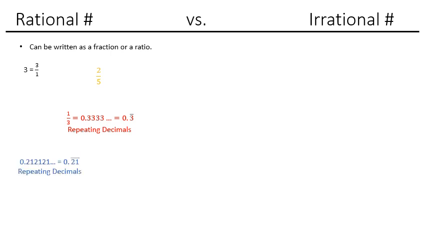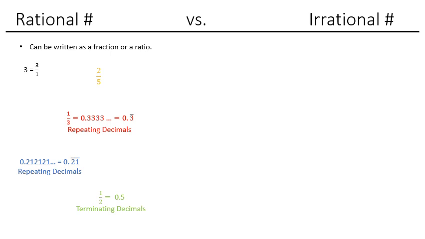You might see other repeating decimals that look a little different, for example this one here, 0.21, that repeats over and over again. And then any terminating decimal, for example, 1/2 can be written as 0.5. Those are all rational numbers.